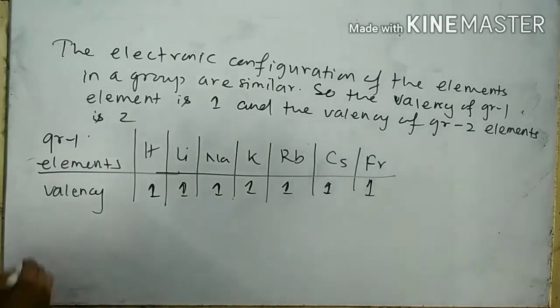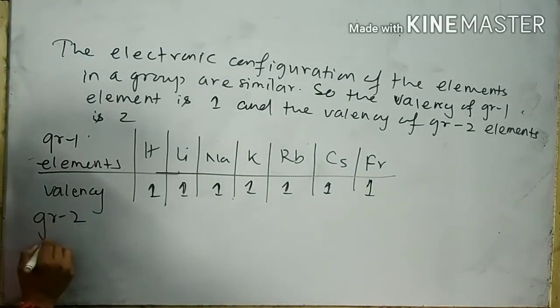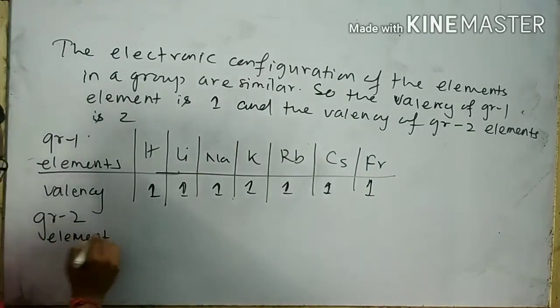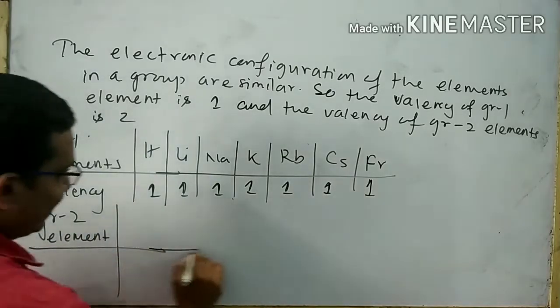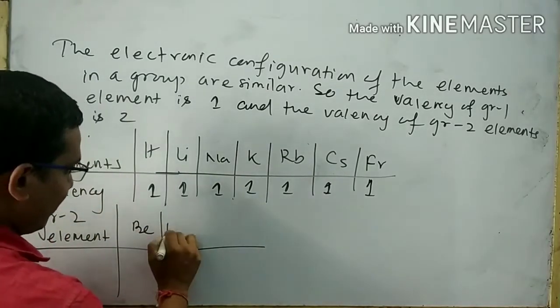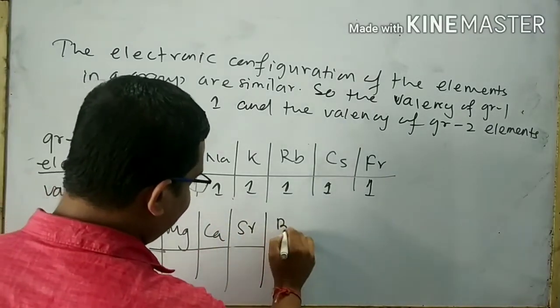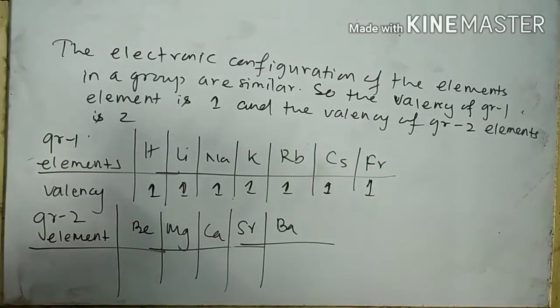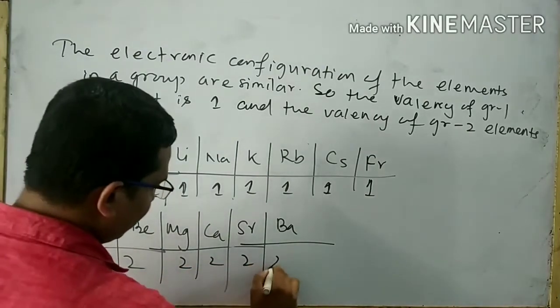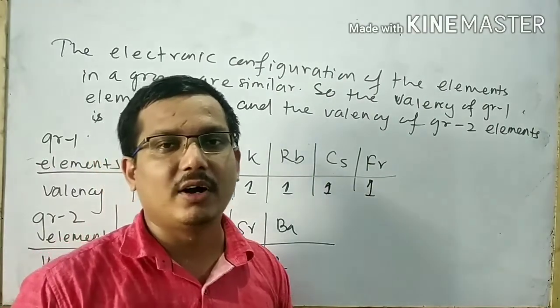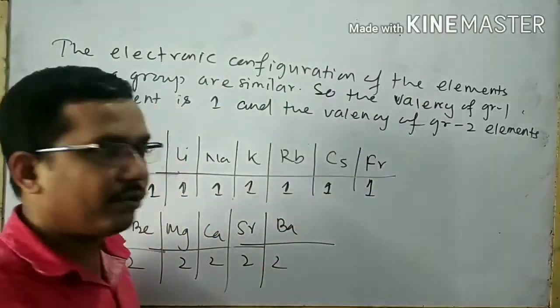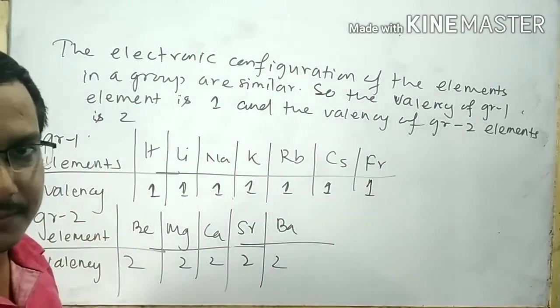Similarly, the group 2 elements are beryllium, magnesium, calcium, strontium, barium, and the valency of each element is 2. The valency of each element in a group must be the same.